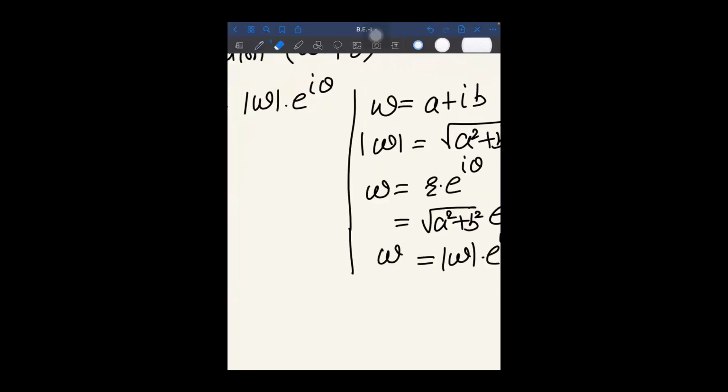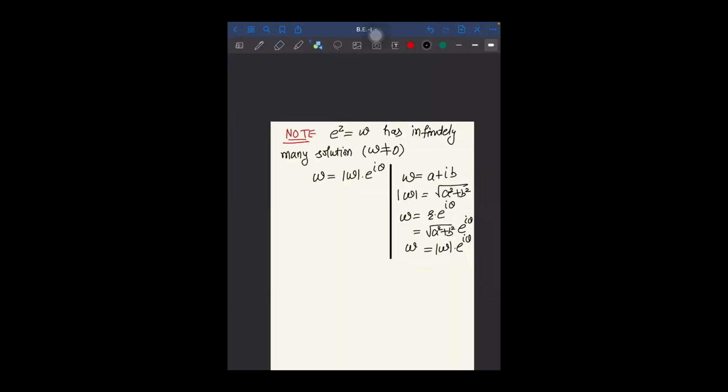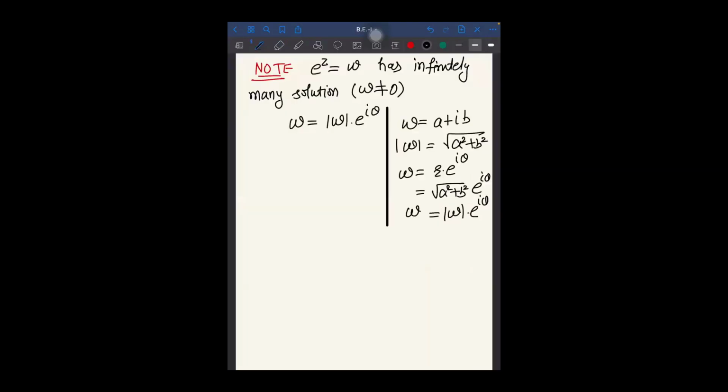ऐसा ही है ना? Yes, sir. Okay, so see this. If your w is this, and you know that your e^z is what? Your e^z is e^x times cos y plus iota sin y, right?